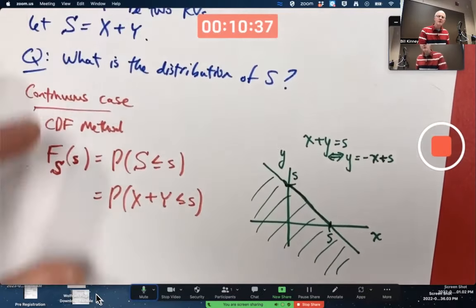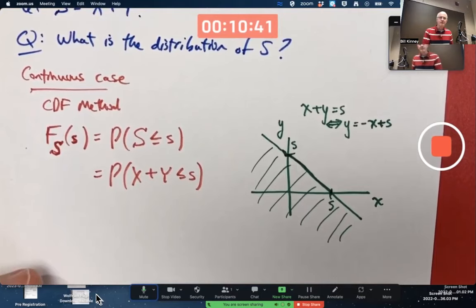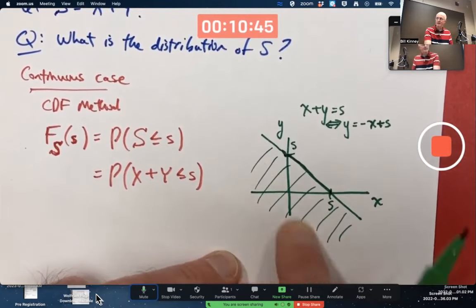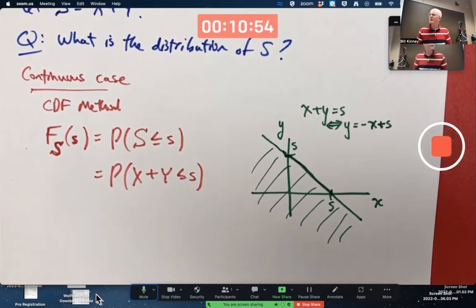So if we knew the joint distribution of x and y, we knew the joint PDF, we could integrate it over this infinite region to find this probability. Doesn't sound so easy. But how do you know the joint PDF? Assumptions. Assume you know it. How?